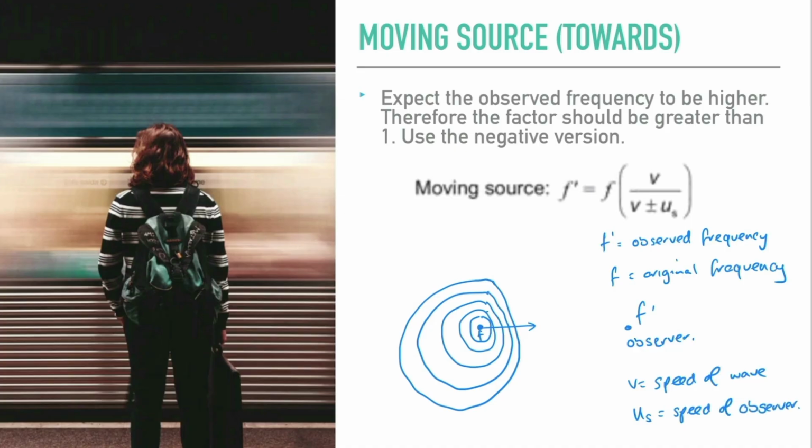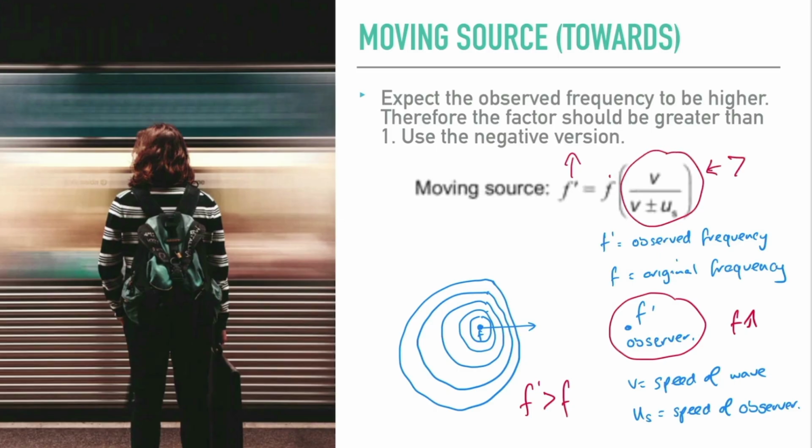Just using common sense, we would expect that this observer is going to experience a frequency that's higher than the original frequency. So we expect f dash to be greater than f, which means that this factor here has to be greater than 1.